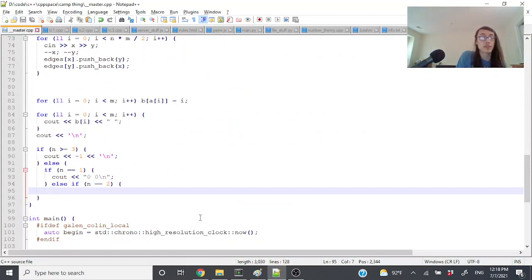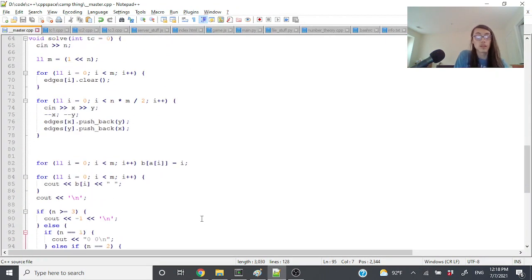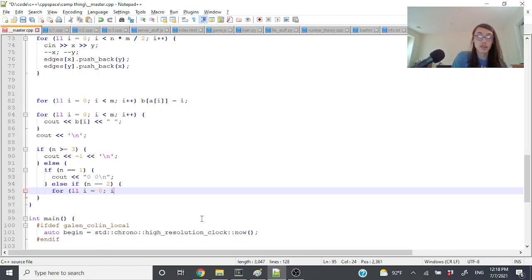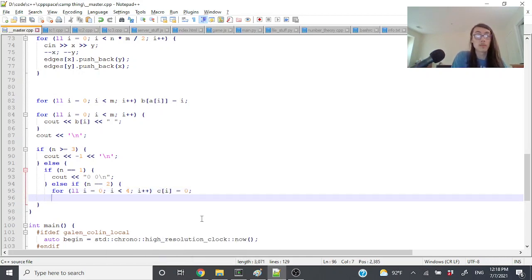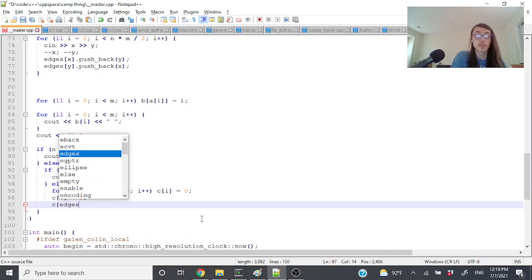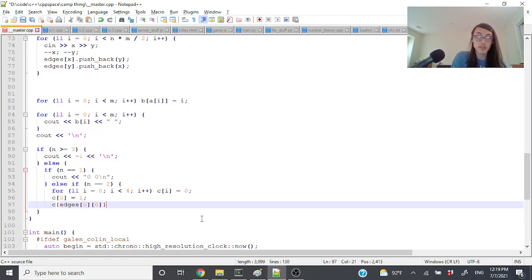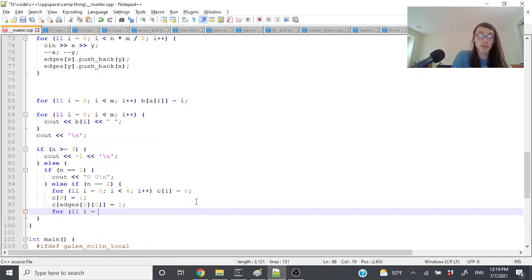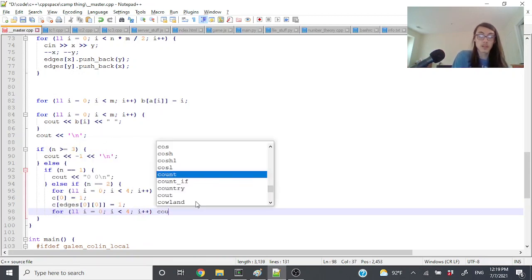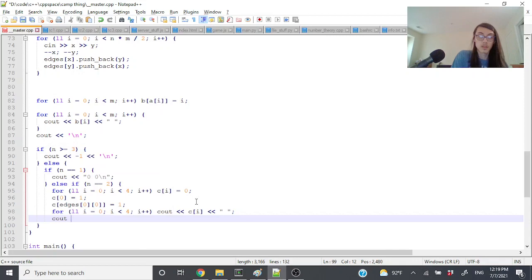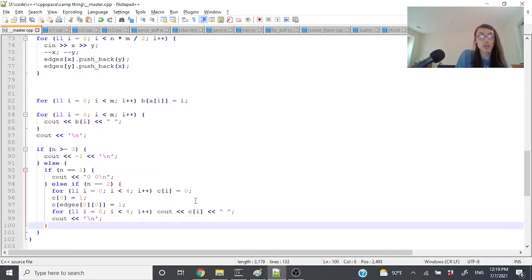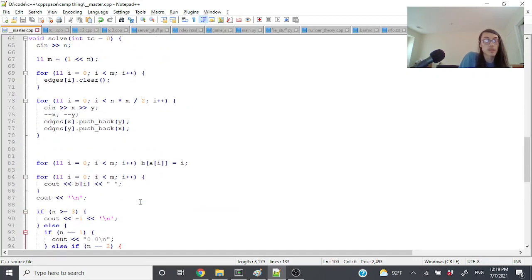So we just need to set C0 equal to 1, C edges 0, 0 equal to 1. Okay, now test the coloring.